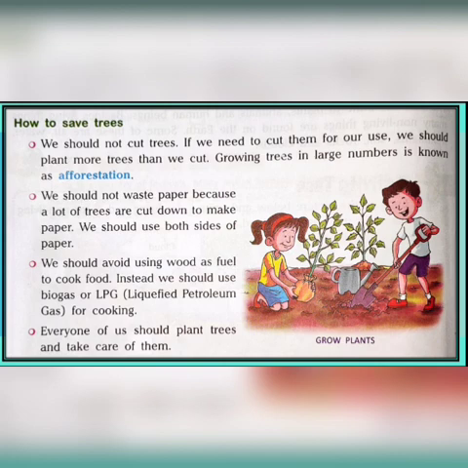Deforestation is cutting down of trees, but afforestation is growing trees. Suppose we have to cut one tree, then in place of that, we should plant 10 new plants. And in this way, the number of trees will be balanced.